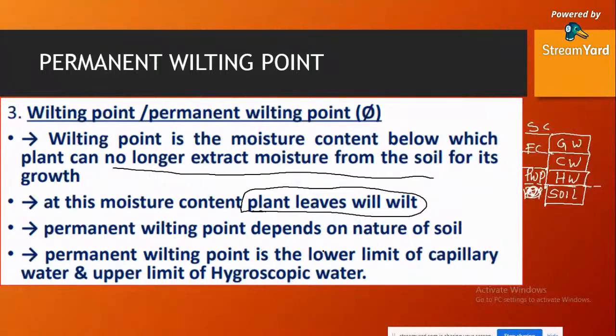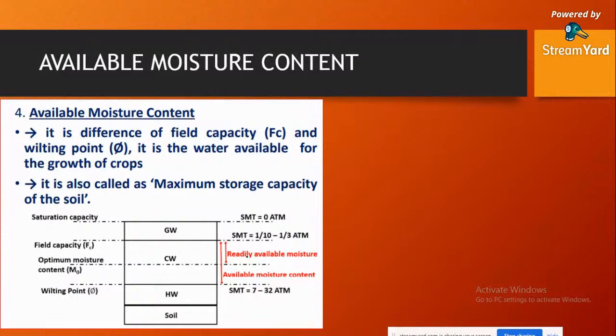Permanent wilting point depends upon the nature of the soil. It is the lower limit of the capillary water and upper limit of the hygroscopic water. Now available moisture, I told you. This depth of water is called available moisture for the growth of the plant, and this is also called maximum storage of the soil.